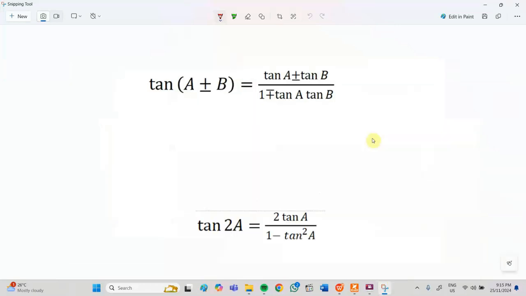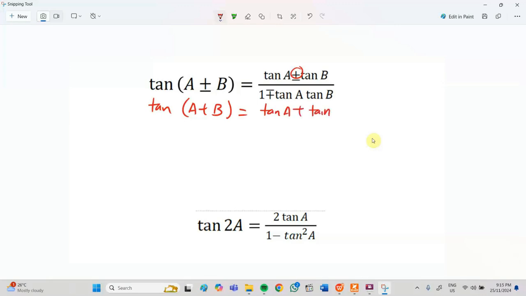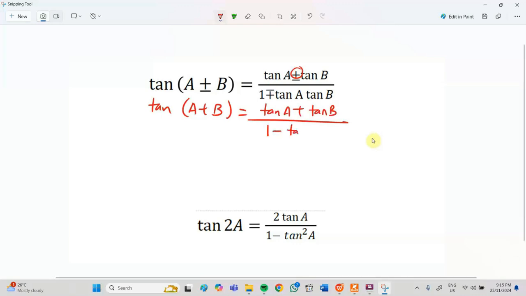And for the third one, again, we are taking tangent a plus b. We take this, and this, the upper part of the symbol. Hence, you have tangent a plus tangent b over 1 minus tangent a times tangent b.